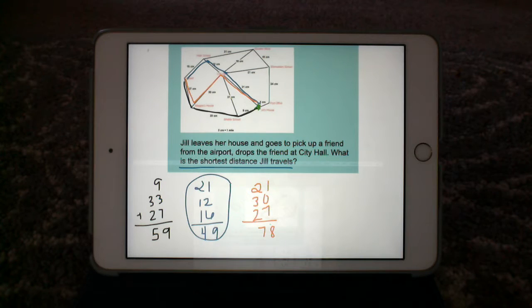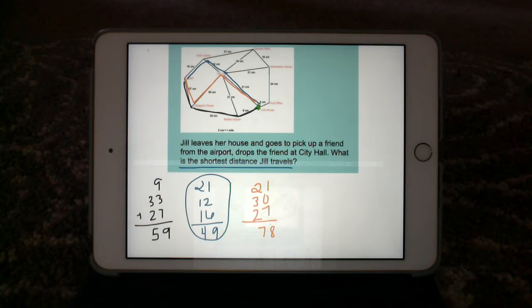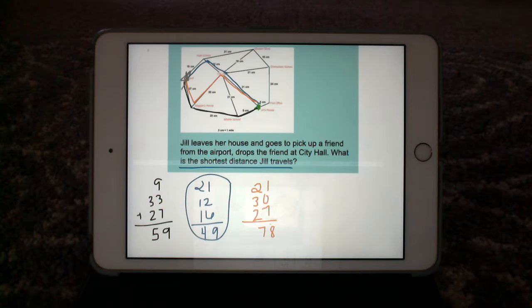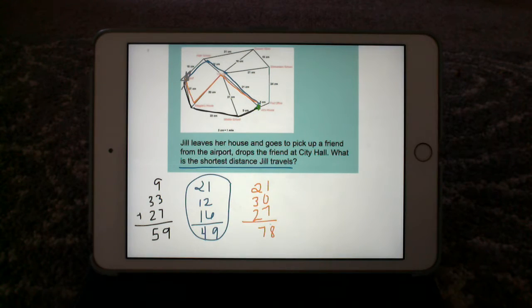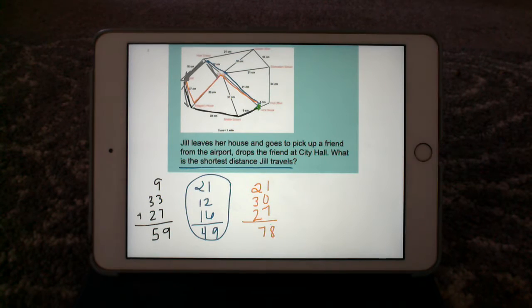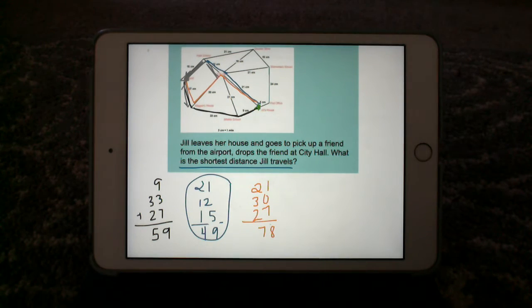Now, starting at the airport, I'll use in gray. Okay, the shortest distance is going to be, as I notice here, since it's 27 down this way, I want to go to the 16 and the 12, which actually I'm looking at it now, I realize that might be a 15. It's because my picture is a little blurry here.